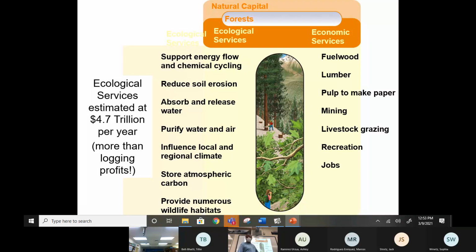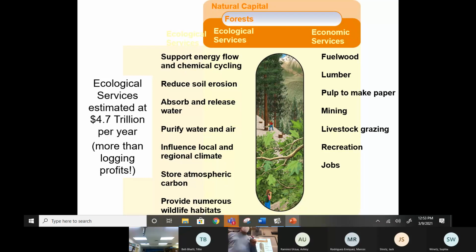The one that's not an economic service comes from this column. Are they all services provided to us? Yes. But the question is really asking, can you tell the difference between an economic and an ecological service? See what I'm driving at there? Okay. So make sure you can tell the difference.